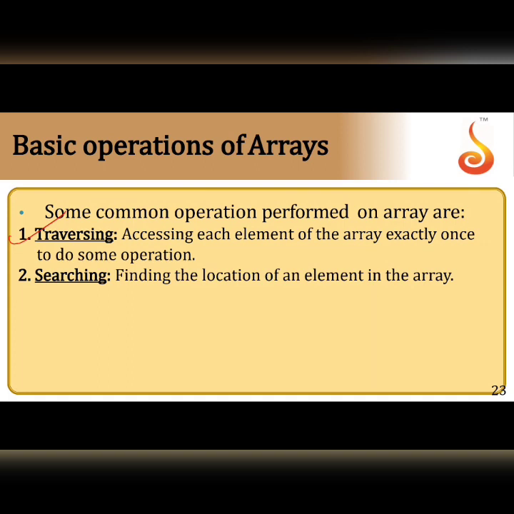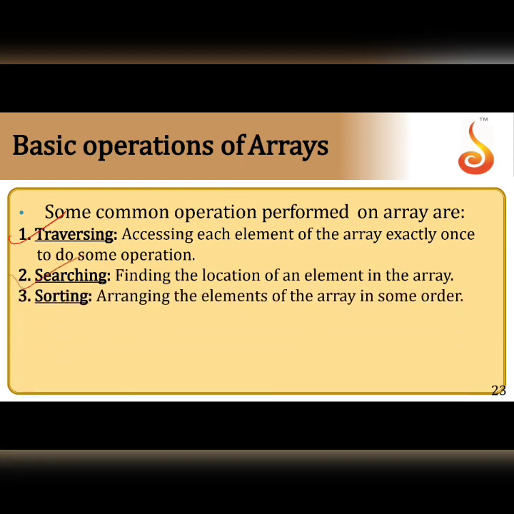Index location plus 1 would be the exact location value of it, and I will say that the array element is found. If after visiting all the elements I am not able to get it, I will say the element is not found. That is finding whether the element is present, and if it is present, what the location of that element is. That is searching.